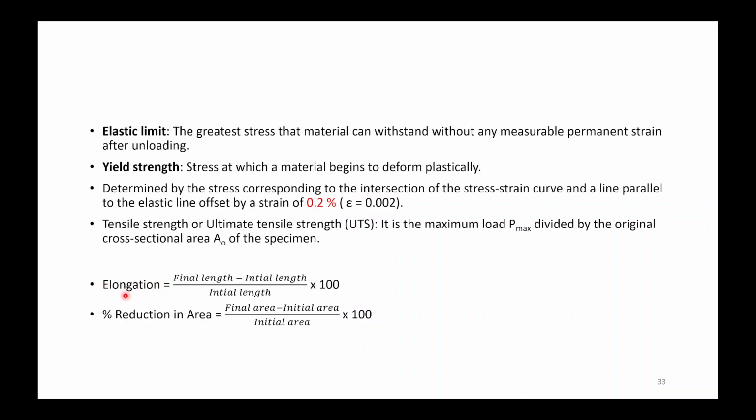It can be in the form of elongation, where change in length divided by initial length is multiplied by 100, so it will be percentage elongation. Percentage reduction in area is also a measure of ductility. In this case, final area minus initial area divided by initial area multiplied by 100 gives the percentage reduction in area.